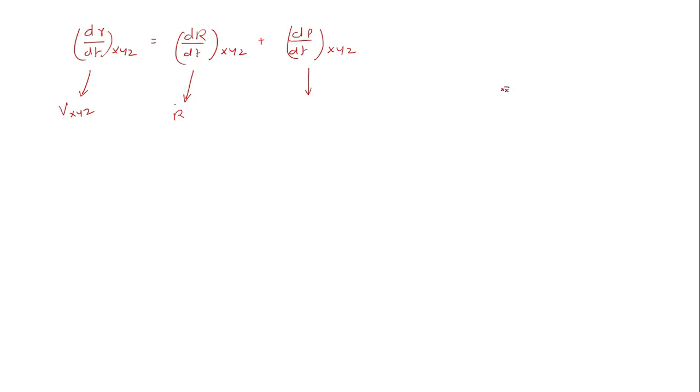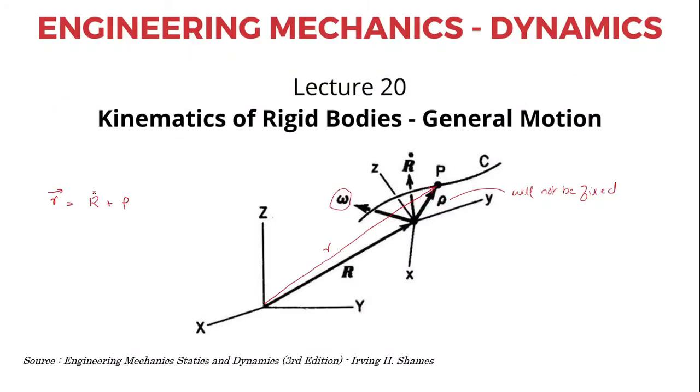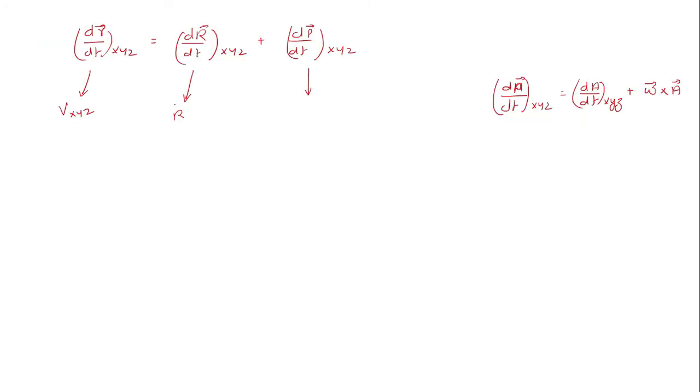If you remember, we had studied that dA by dt with respect to capital XYZ is equal to dA by dt with respect to small xyz plus omega vector cross A vector. All of these are vectors. Okay, so as such, this corresponding term d rho by dt with respect to capital XYZ will be equal to d rho by dt with respect to small xyz plus omega vector cross rho vector.